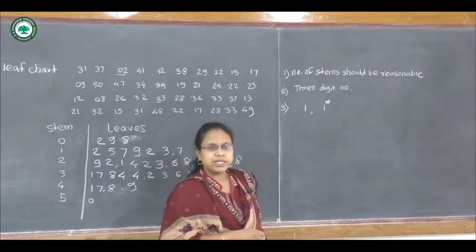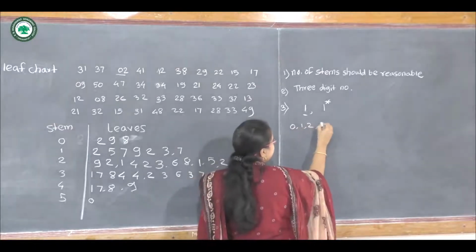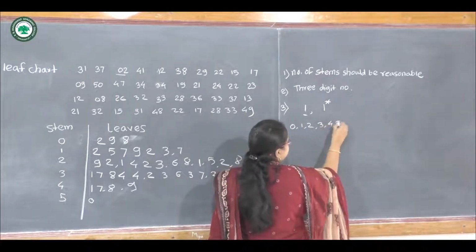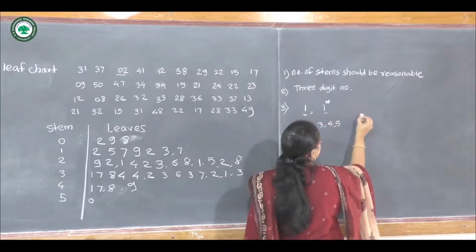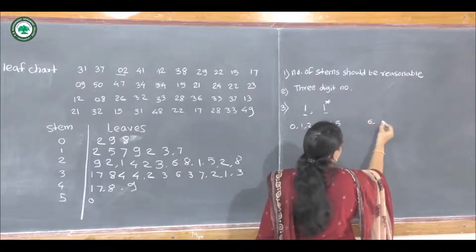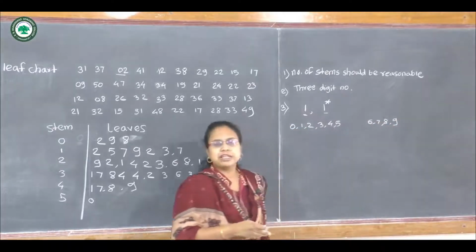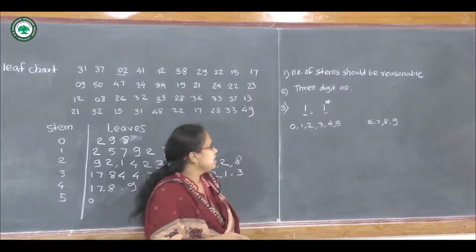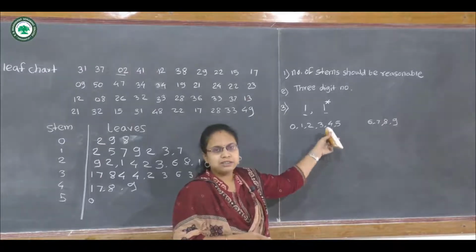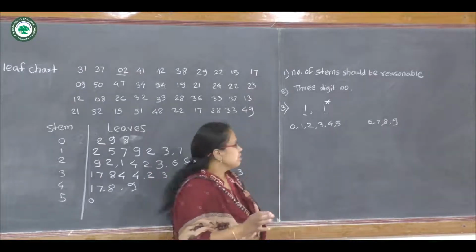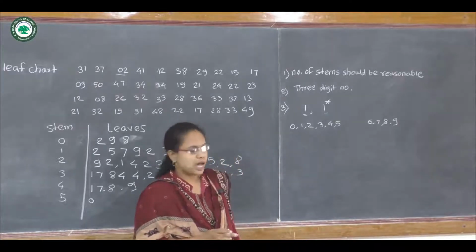The leaves for the stem 1 we can take from 0 to 5, and for the stem 1 star, we can take the leaves from 6 to 9. In this way we can split the stem, take these numbers as leaves, and write the chart again. So this is the way when the number of leaves is too large.